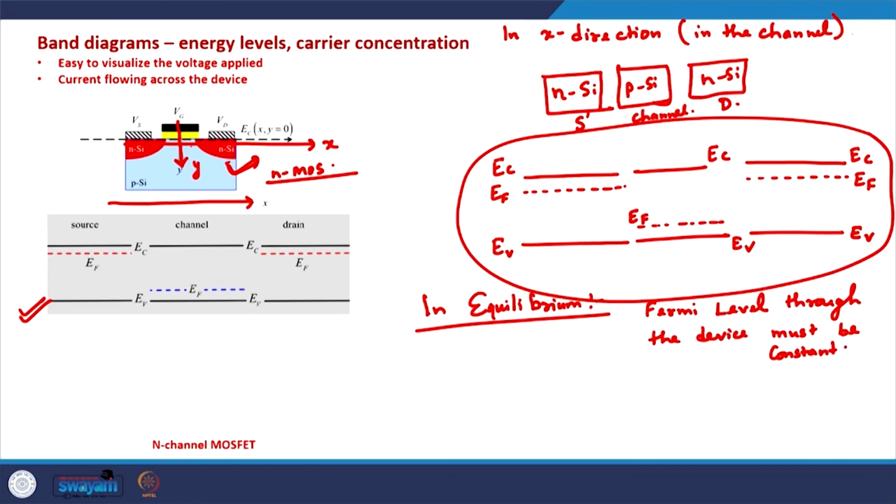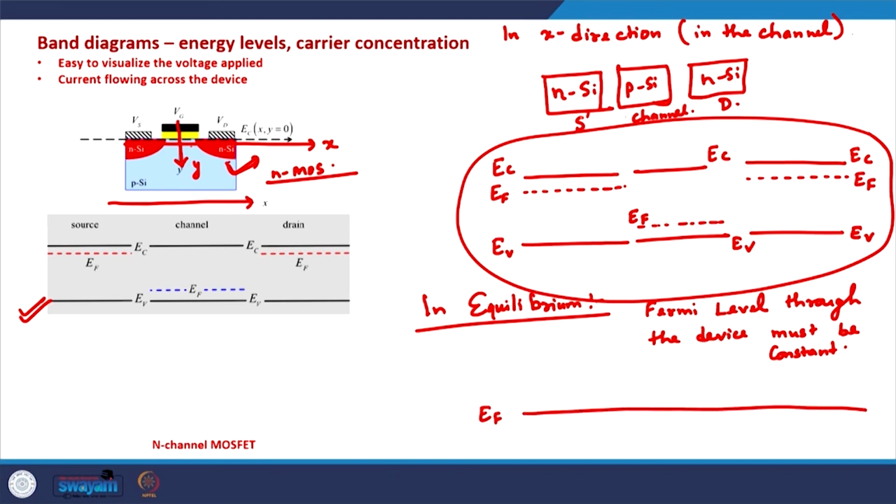So, in order to make the equilibrium band diagram, we need to draw a single Fermi level, let us say. This is the Fermi level.